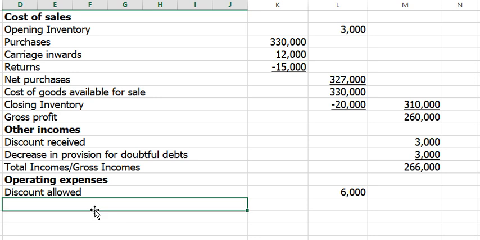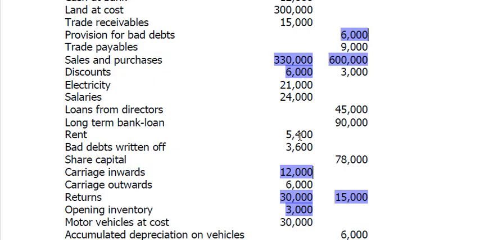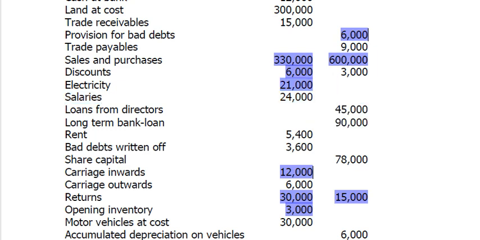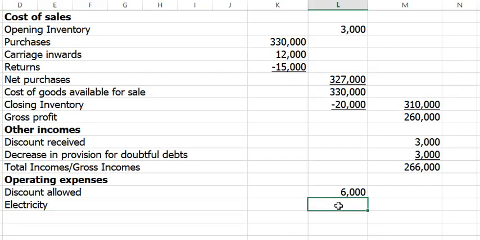Then there is electricity. Electricity is 21,000.